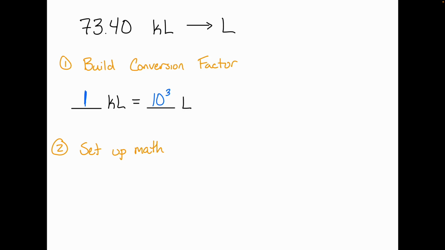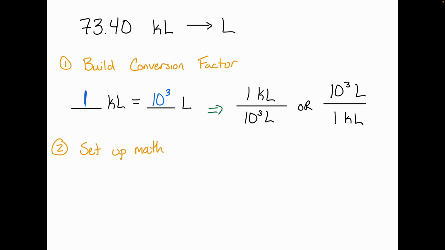And then this is well and good, but doesn't really help me in my math at all. So in order to turn it into something that I could use in my math, I'm going to take one side, 1 kiloliter over 10 to the 3 liters, or I could take it and flip it upside down. Note real quick that when I say I'm going to flip it upside down, I don't just flip the number, I don't just flip the units, you flip the whole thing. All right?